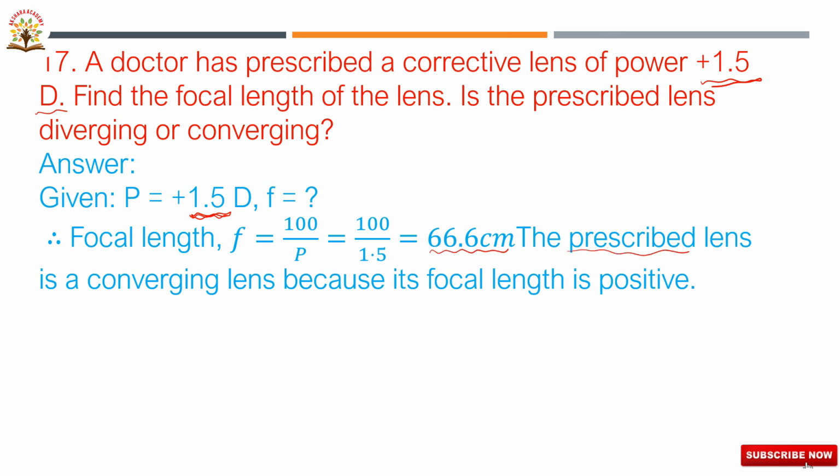The prescribed lens is a converging lens. Why? Because the focal length is positive. If the focal length is positive, then we can easily say that it is a convex lens or converging lens. So the prescribed lens is a converging lens because its focal length is positive.